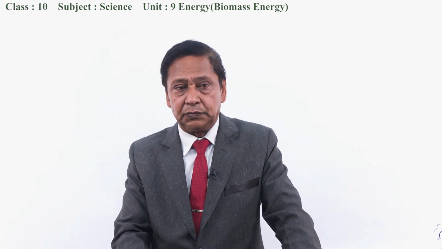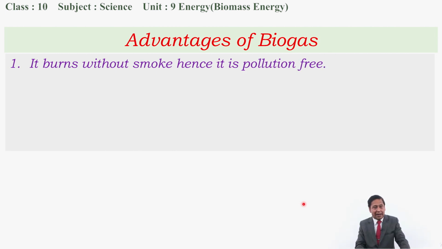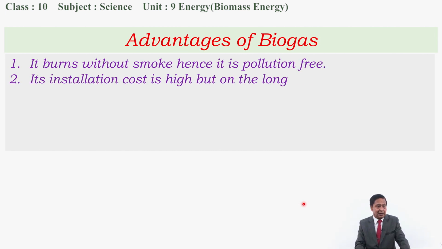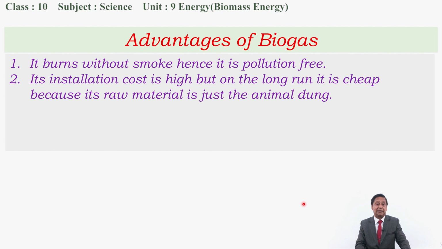Okay, there are some advantages of biogas. What are they? It burns without smoke, hence it is pollution free, and its installation cost is high, but in the long run it is cheap because its raw material is just animal dung. At first we have to make the tank, and this tank is made up of brick, cement and sand, and that's why some cost is involved in the installation. But in the long run, we are using just animal dung as raw material, so it is cheap.